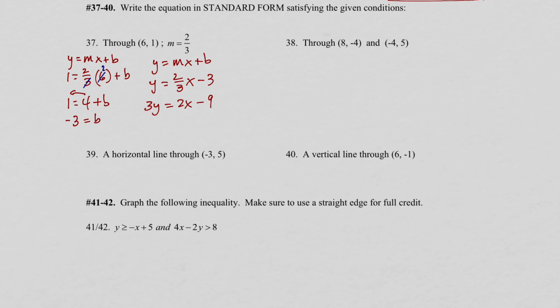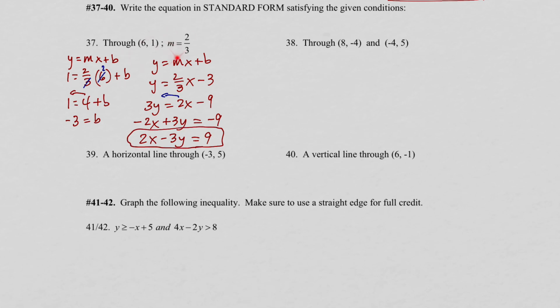That's multiplying everything by 3. Then I'm going to move this over to the left, and it's going to become negative. But in standard form, this cannot be negative, so I have to flip the sign of everything. So the final answer in standard form is positive 2x minus 3y equals positive 9.